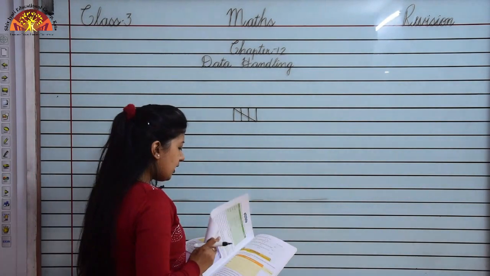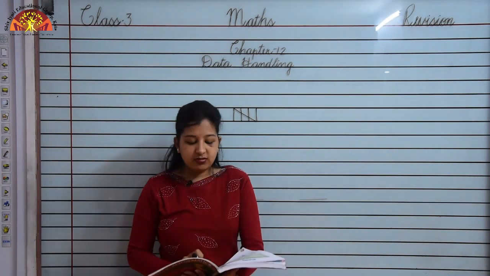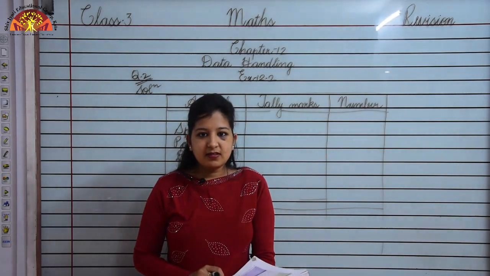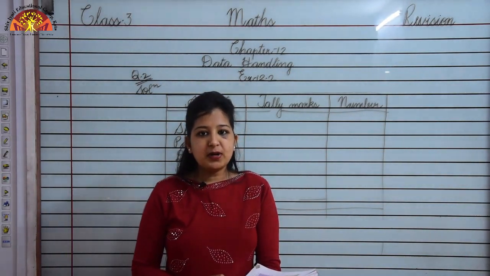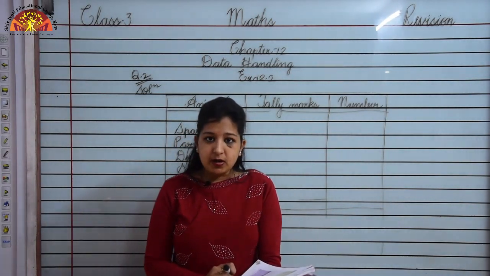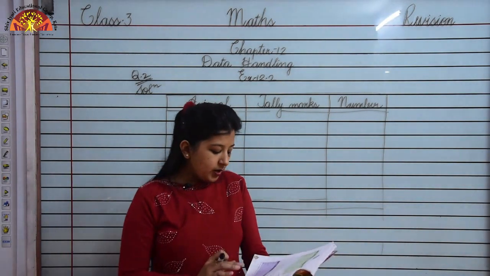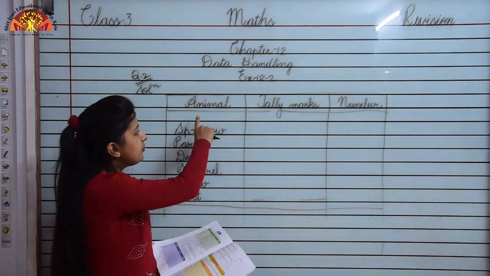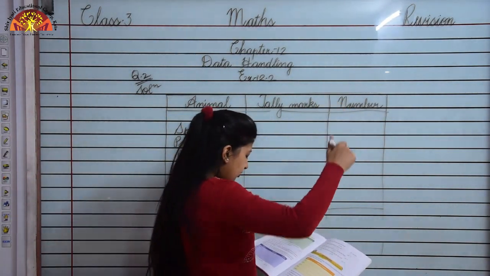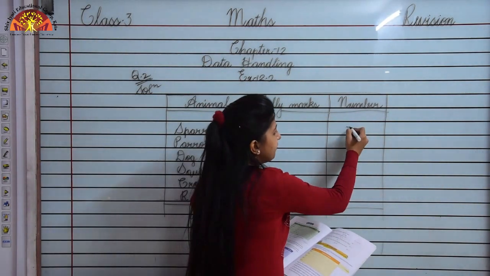So students, now we are going to do the second question of exercise 12.2, which is on page number 172. Students, in this question we are given the number of birds and animals, and what we have to do? We have to complete the tally table using tally marks and answer the questions. Fine. So here we have 3 columns. First is animal, second one is tally marks and third one is number. So students, the number of sparrows is 7.